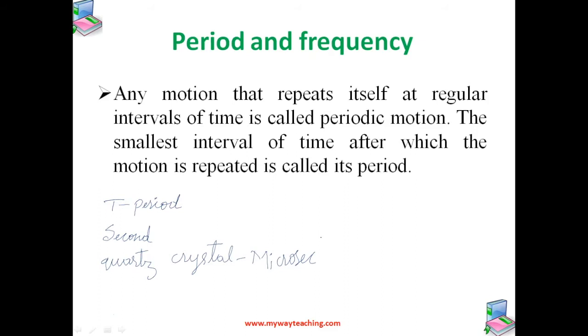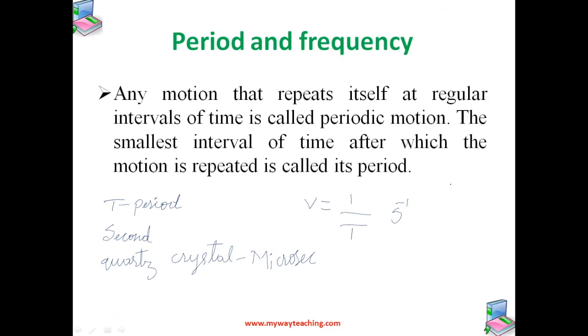We represent it with the symbol v, and we can write the relation between the frequency and the period like this. The reciprocal of the period is the frequency. Frequency is nothing but the number of repetitions that occur per unit time. And the unit of this frequency is per second, obviously.